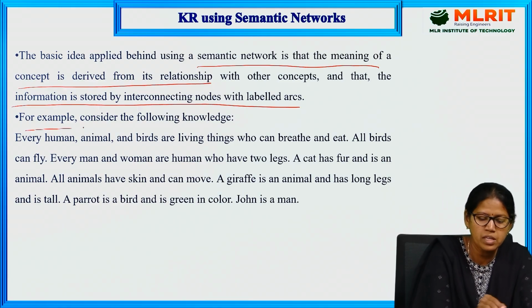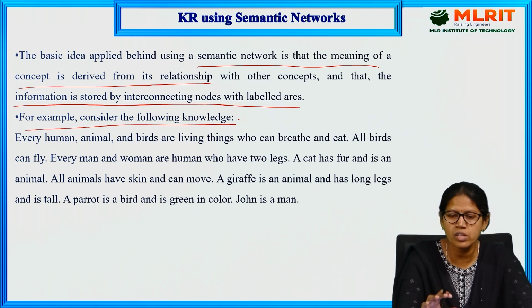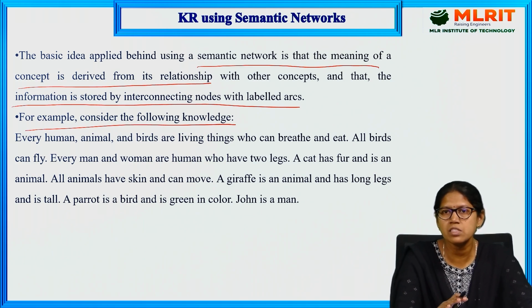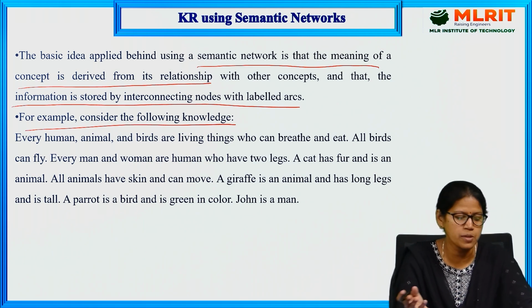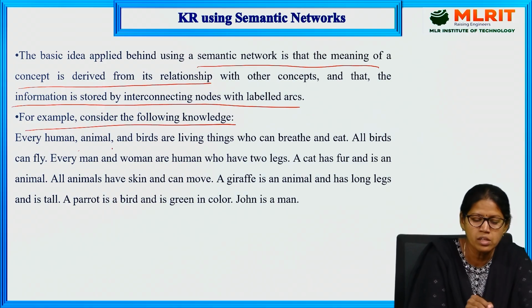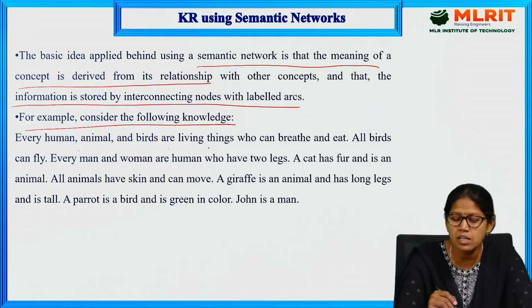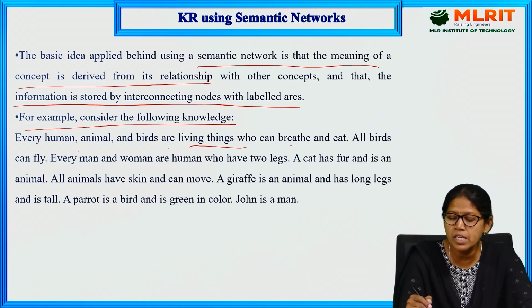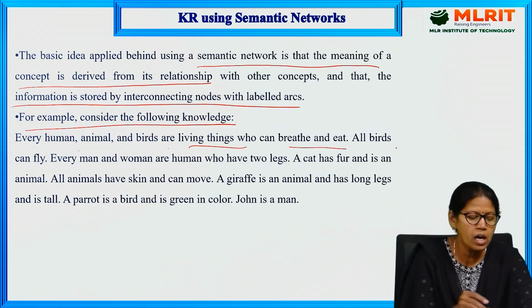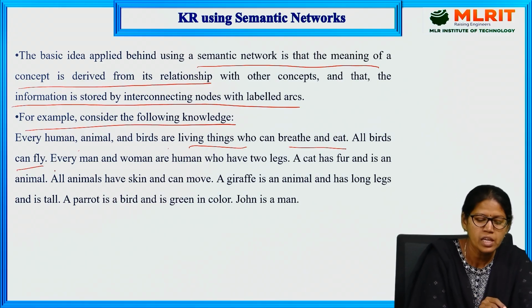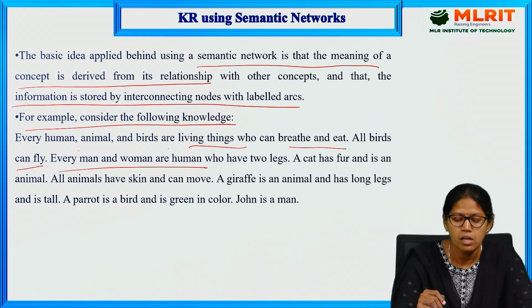For example, consider the following knowledge. How will we represent this knowledge as a semantic net? Every human, animal and bird is a living thing that can breathe and eat. All birds can fly. Every man and woman is a human who has two legs.